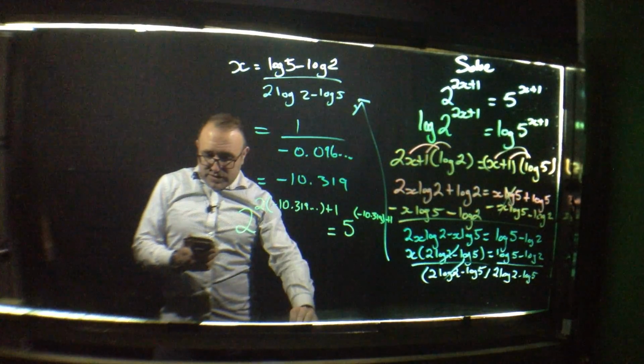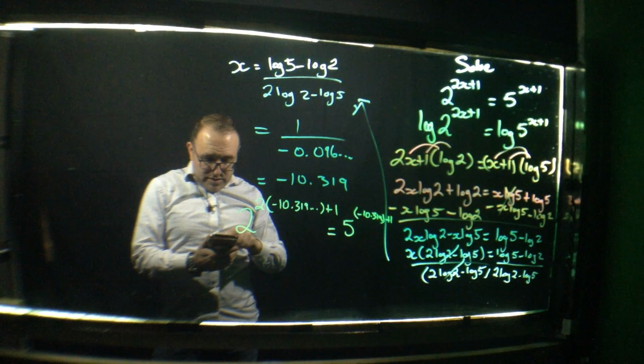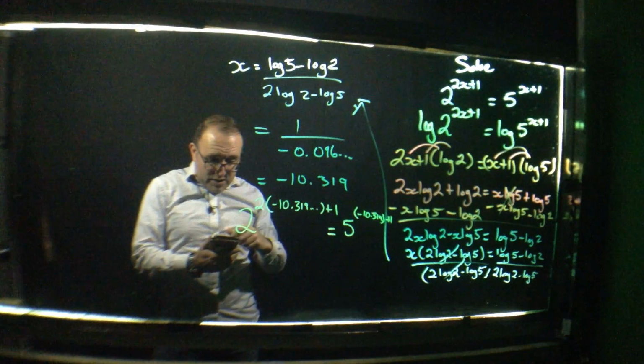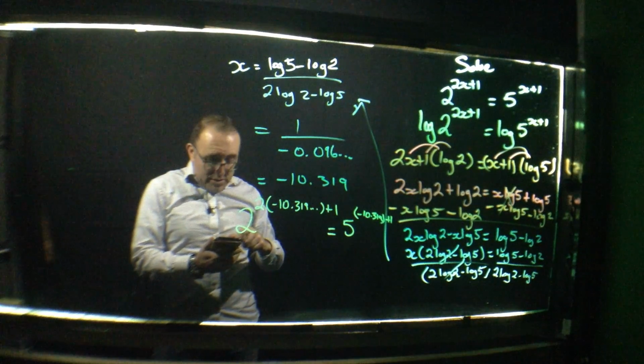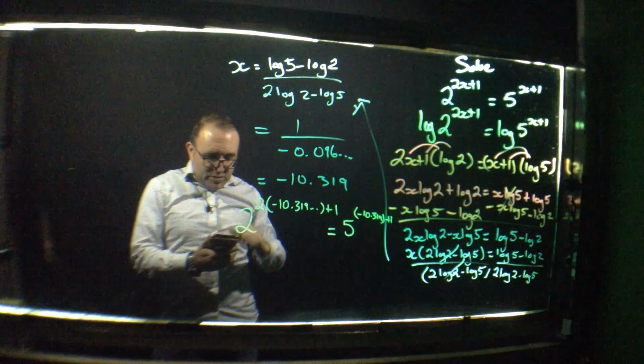Same thing if you do the other side, 5 to the exponent of negative 10.319. Keep that value in your calculator, which you had earlier, and then add that to 1. And we get a very similar answer.